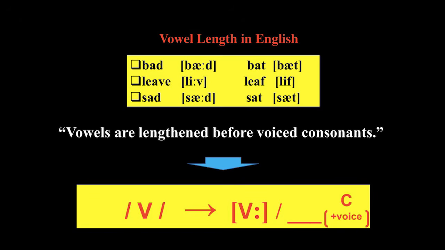So we write V between slashes to refer to the phoneme, any vowel, and we put the arrow that means becomes or pronounced or realized as. Then we write the V for vowel, then we put the two dots to refer to exactly the lengthening, long vowels. Then we put a slash to refer to the environment, when or whenever, and we put the dash for the environment, and we put again the consonant and we specify the voicing, plus voice. So a vowel becomes long whenever it is followed by voiced consonants.